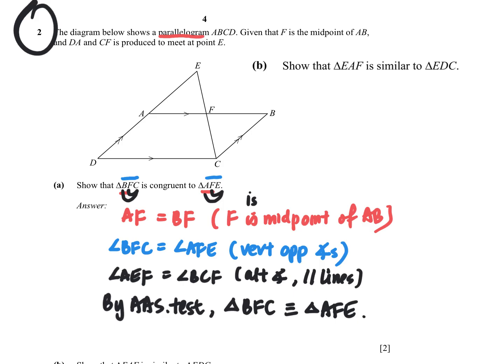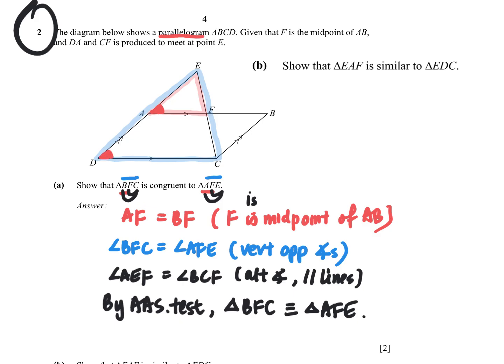Okay, next one. Show that EAF is similar to EDC. Can you see the two stacked triangles? This one versus the big one. So this is the easiest because when you have two parallel lines, these are called corresponding angles.